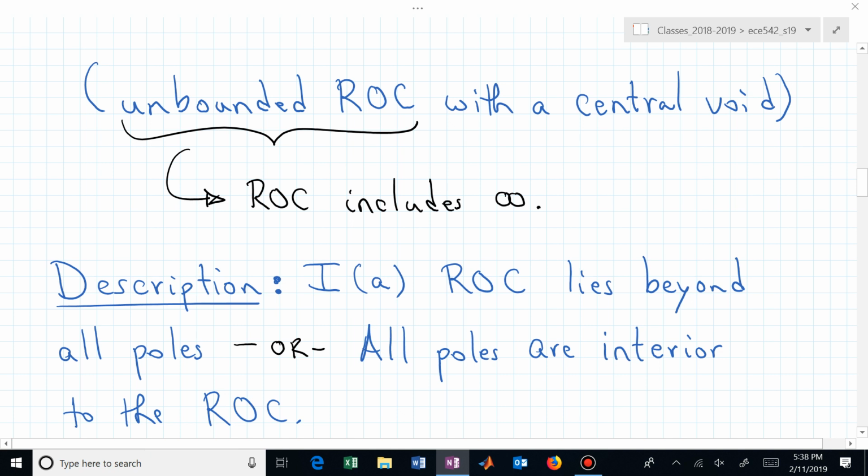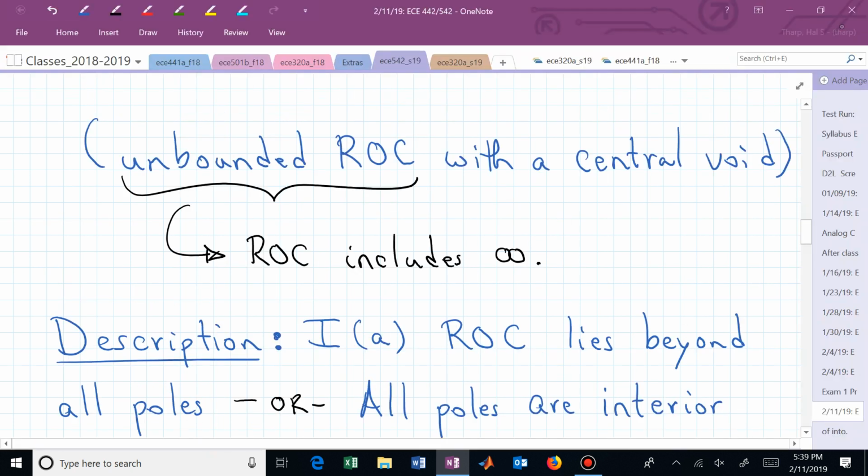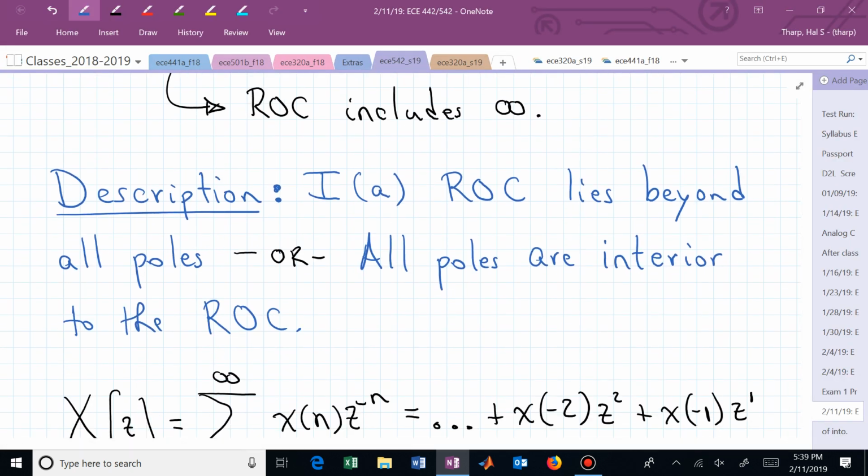Here's how I will describe that region of convergence. Either 1a or 1b. So there are 2 equivalent descriptions of that region.